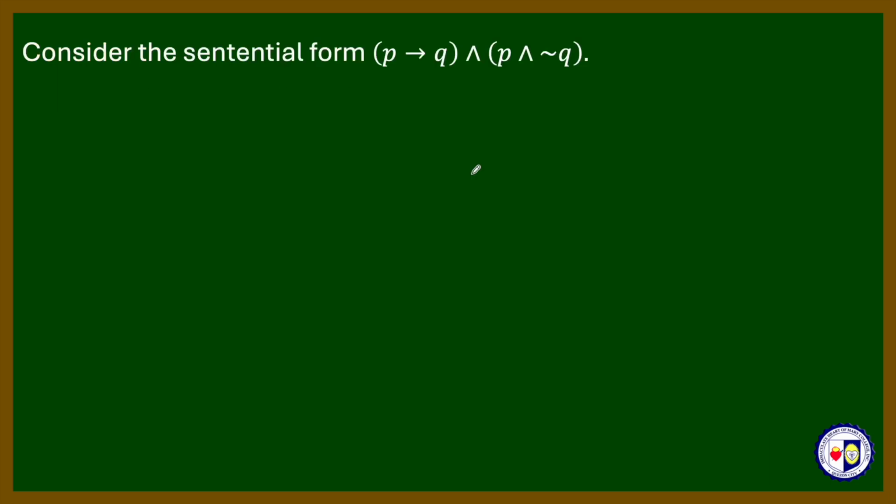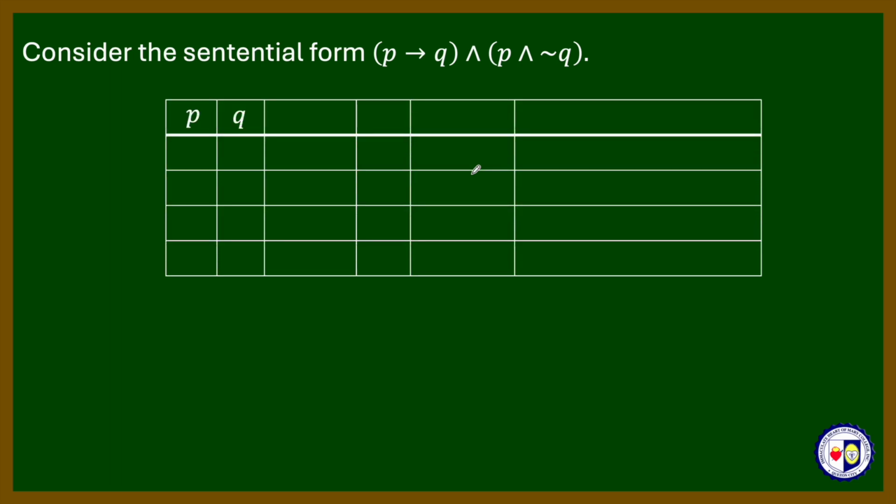Let's have another example. Consider the sentential form P implies Q, conjunction of P and the negation of Q. Here, we have two simple propositions, P and Q. So, the hierarchy will become TTFF and TFTF.